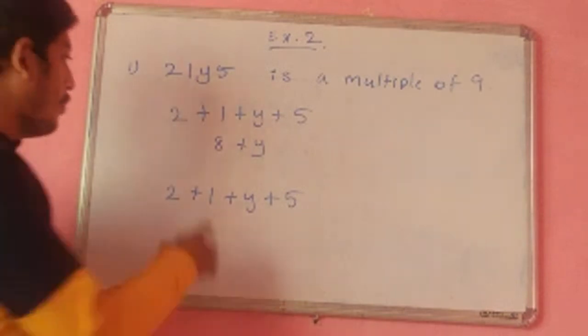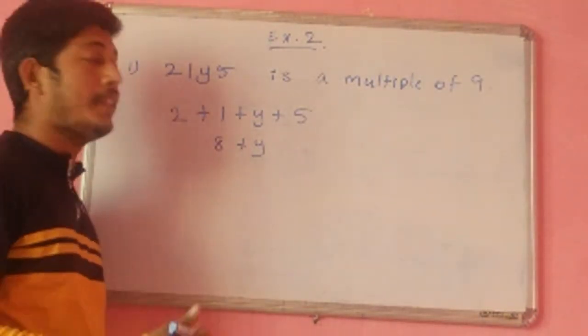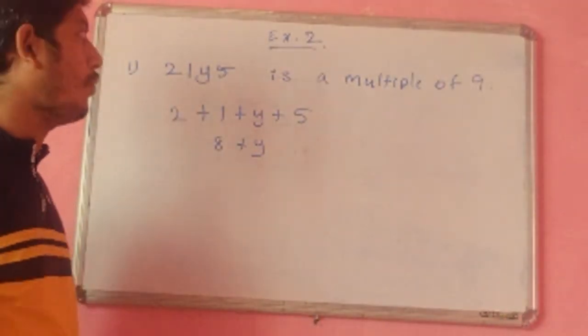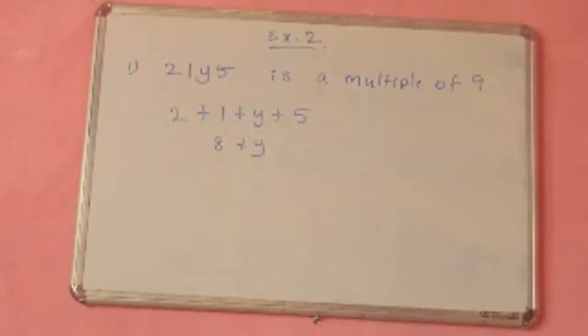Now which value we have to substitute for y in such a way that it becomes a multiple of 9? Just comment which value I have to substitute in the place of y. 8 plus y.